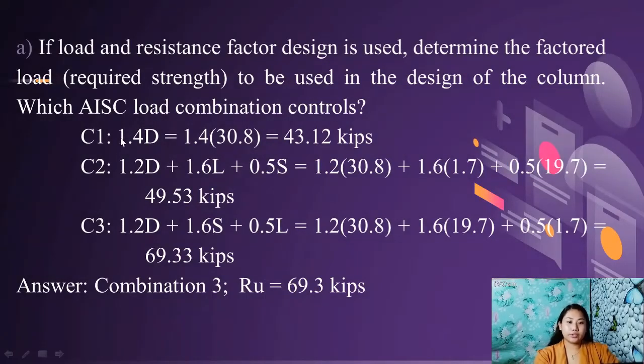So for C1 we got 43.12 kilopascal, then C2 is 49.53 kilopascal, then C3 is 69.33 kilopascal. If we continue this equation, the highest is the largest kilopascal. So my answer is combination 3, 69.3 kilopascal.